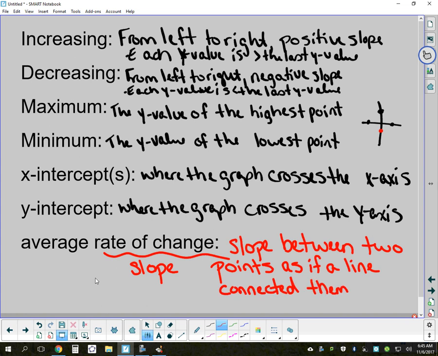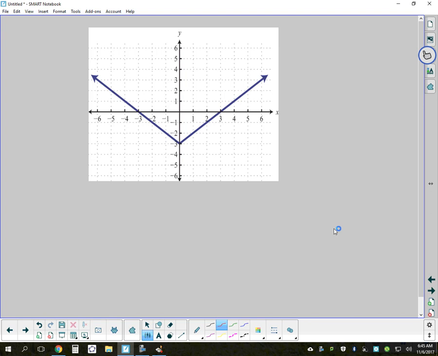Okay? All right, and you'll see more what I mean with that average rate of change when we do the example here. All right, so here is a graph.